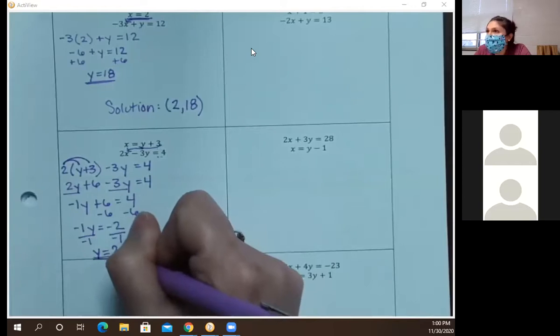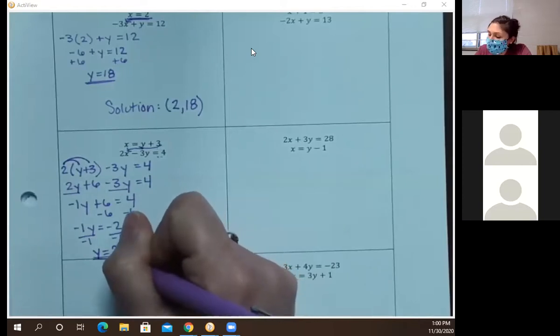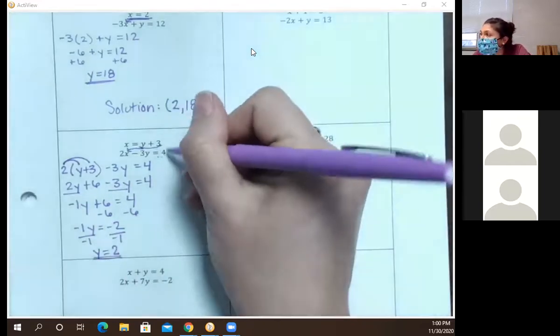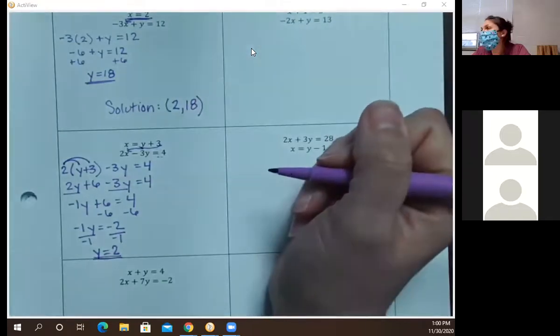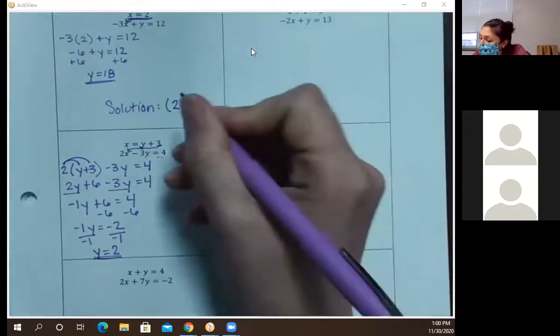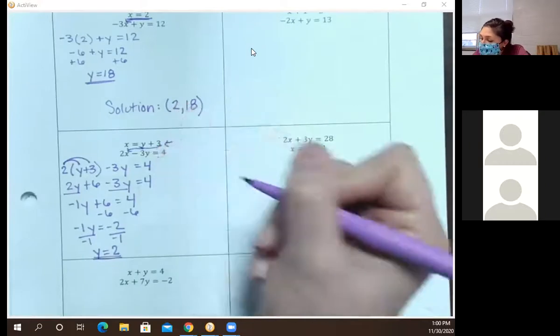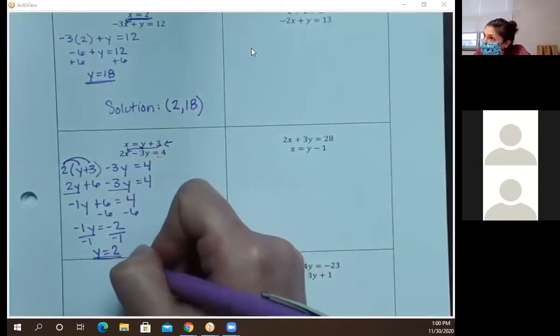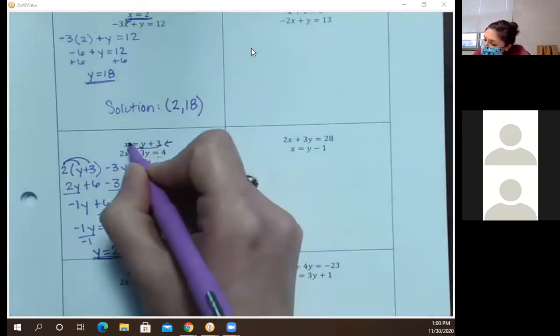Now that I have y, I can use that to be able to figure out x. So I'm going to take y now and plug it into one of these original equations. It doesn't matter which one, but remember we're trying to solve for x. Now that we know y, we're going to plug in that value to solve for x.